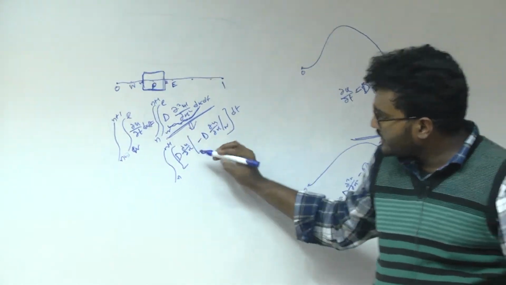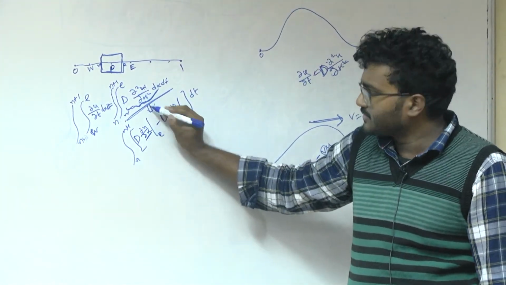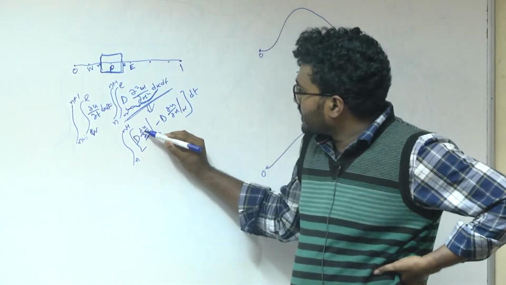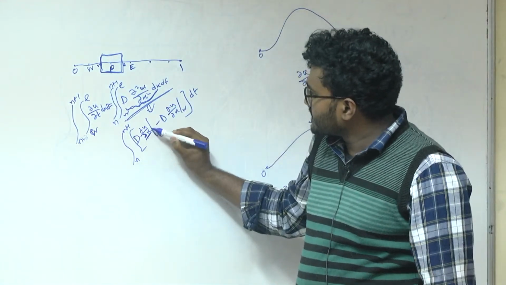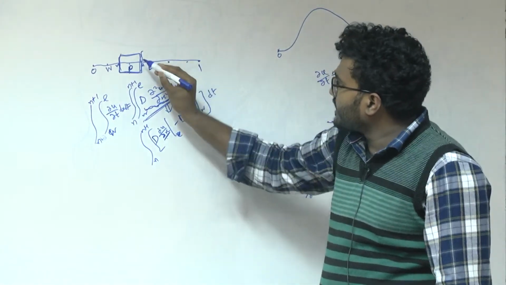To calculate the gradient that comes from integrating this term, the del u by del x term at the face E, we calculate like this.